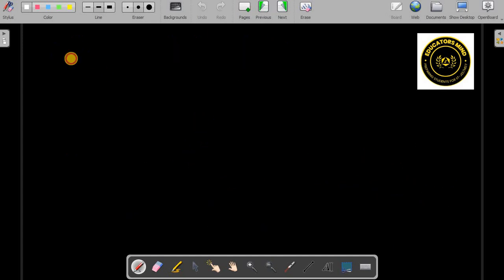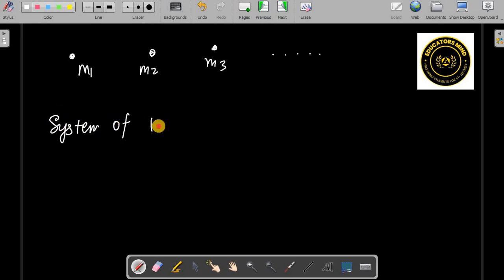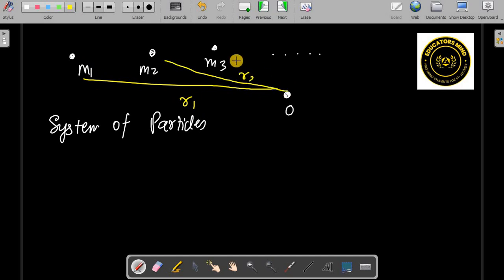Okay, so if there is a particle, another particle, so many particles are there, let's say masses m1, m2, m3, so many particles. You can say a system of particles. So if there is a particular point, let's say O, which is at a distance of r1 from the first particle, the second particle is at a distance r2, the third particle at a distance r3, like that.